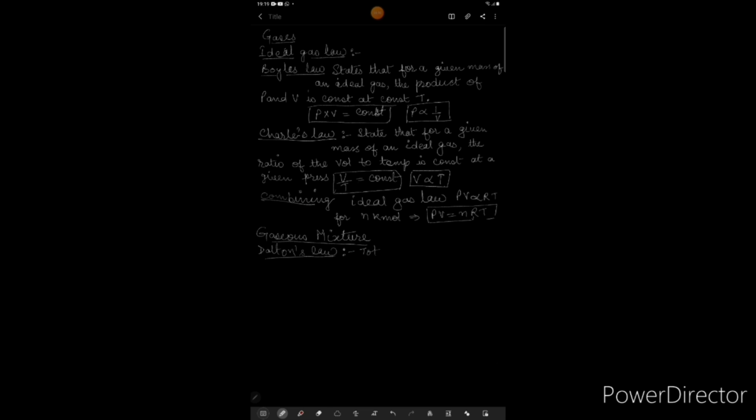states that the total pressure exerted by a gaseous mixture is equal to the sum of the partial pressures of the component gases present in the gas mixture.